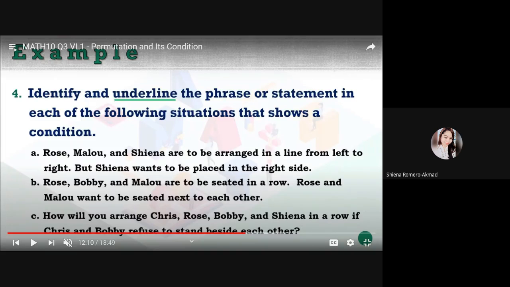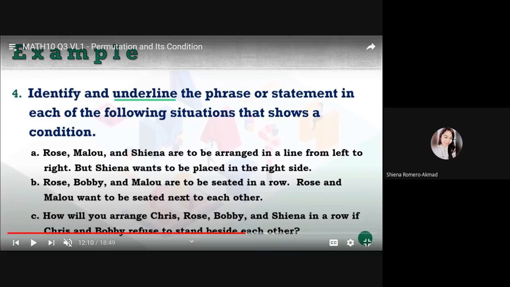Okay? So, yung letter A happens to give the situation kung saan one of the person, which is Sheena, must be placed in a certain position. Gusto niya dun siya sa right side. And that is a condition. Okay? Kasi she wants to be placed in a certain position. And that is a condition.